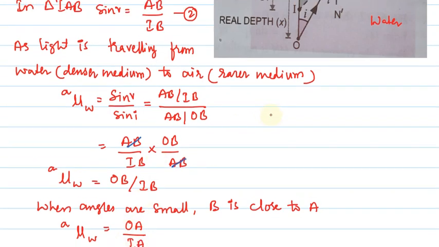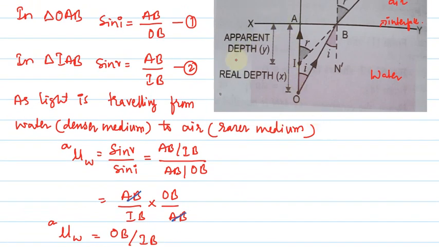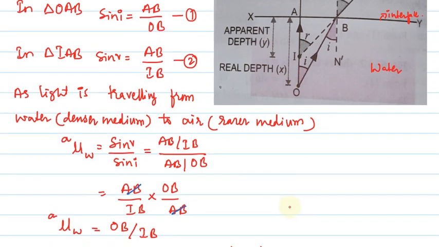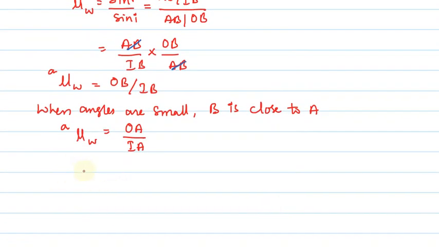So in the ray diagram, OA is the real depth, represented as X, and IA is the apparent depth, represented as Y. Then the refractive index of water with respect to air is equal to real depth upon apparent depth.